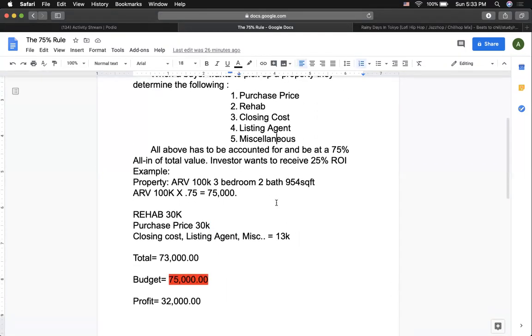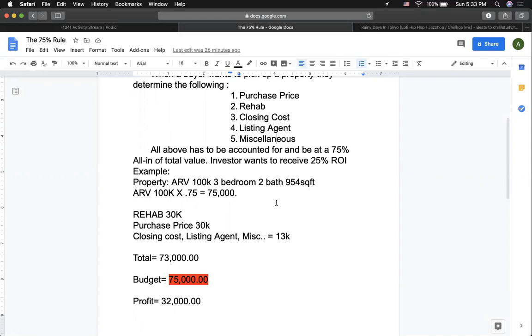All of it has to be accounted for and be at a 75% all in of total value. Investors want to receive a 25% return on investment. So pretty much what this is saying is that the investor wants to be at a 75% all in of what the total value of the property is.